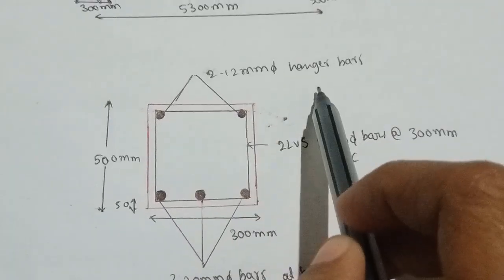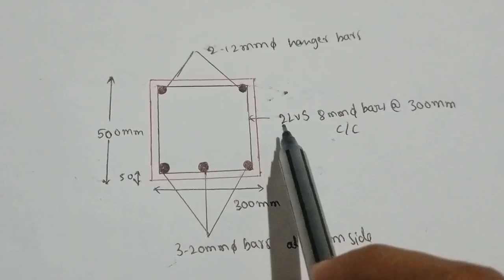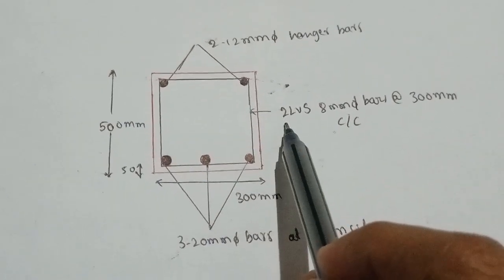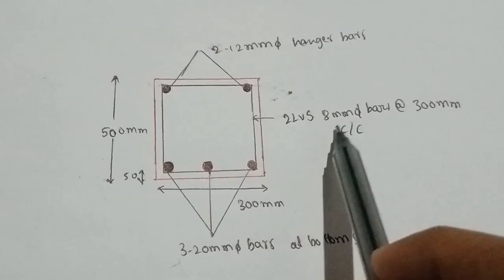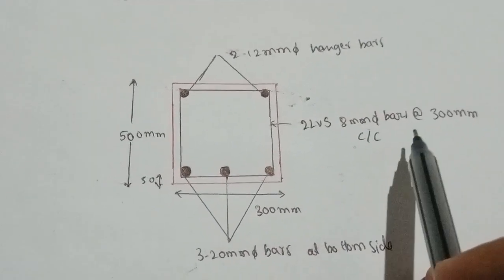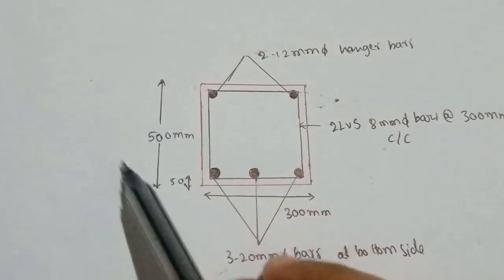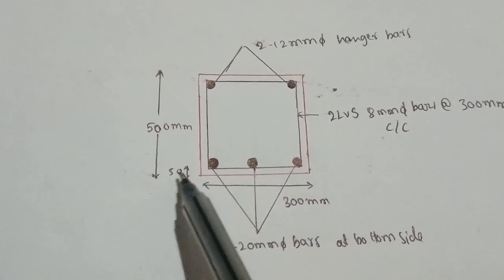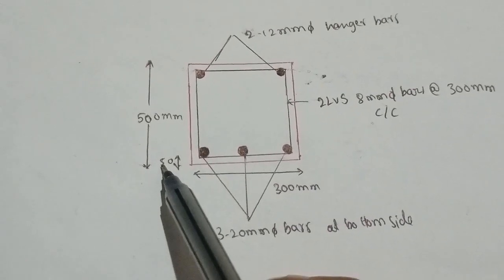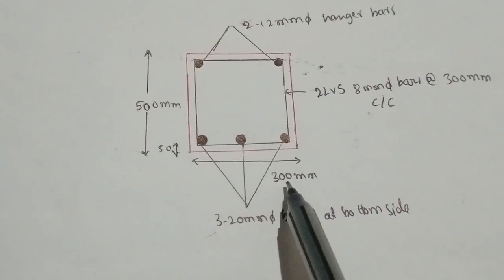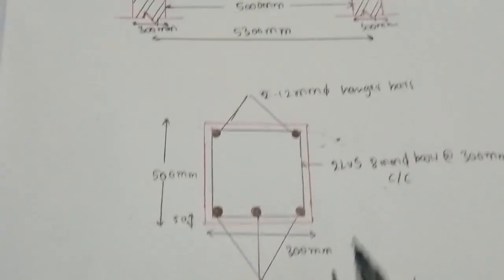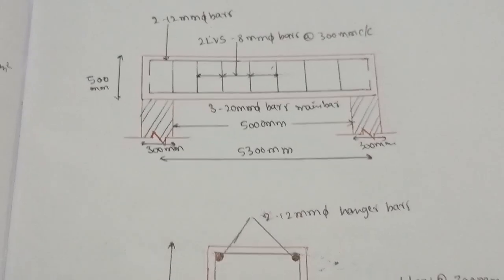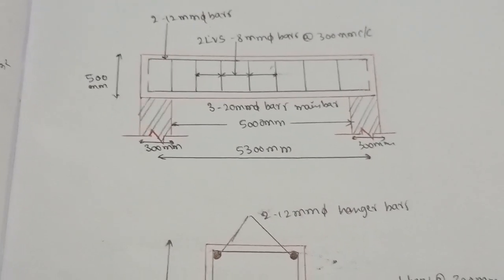These are the stirrups, two-legged vertical stirrups of 8 mm diameter bars at 300 mm center to center, and this is our overall depth, 500 mm. This is the effective cover which we have provided, 15 mm. This is our width, that is 300 mm. This is the diagram of our reinforcement details, and here our problem ends.